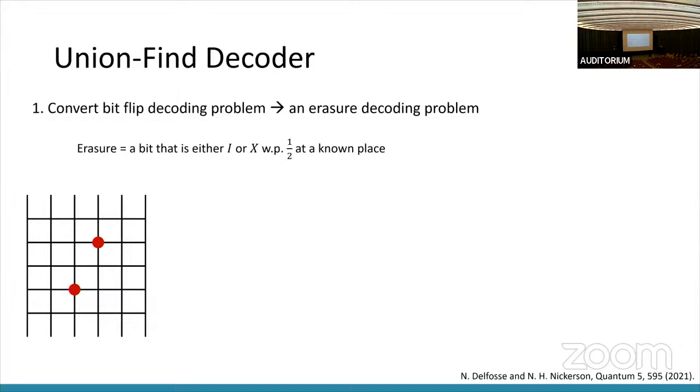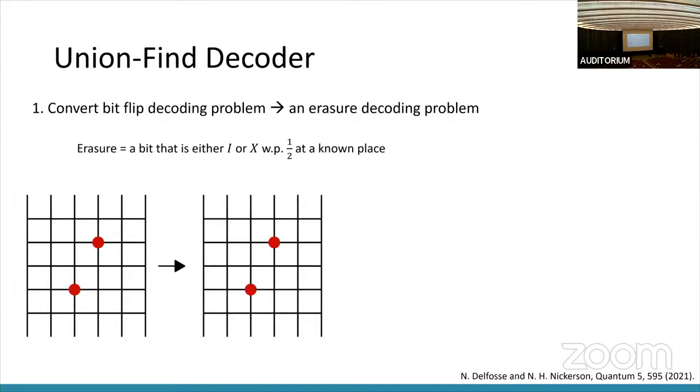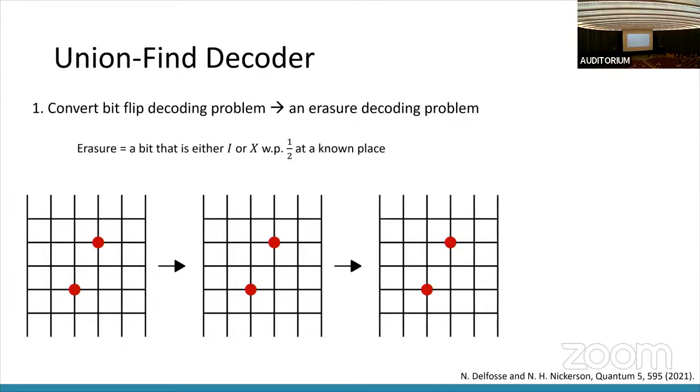And so how do we convert this into an erasure decoding problem? We, again, start with our decoding graph with our non-trivial syndromes. And we start growing clusters around the red nodes. A little hard to see, but there are these beige circles around here where basically we are growing this erasure region.